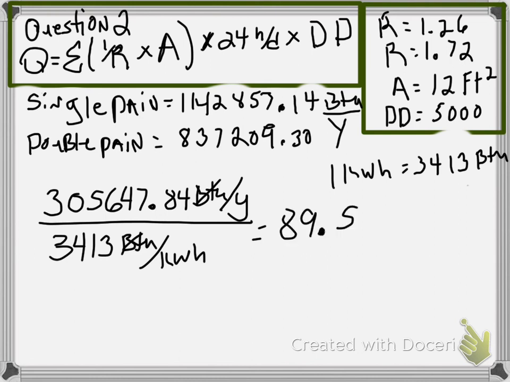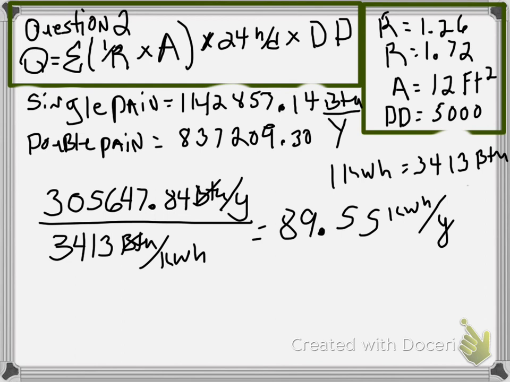Alright, and I divide the 3,413 into the 305,647.84, and I end up with 89.55, and that's kilowatt hours in a year on my layout.